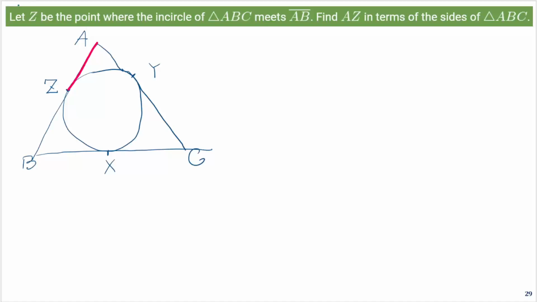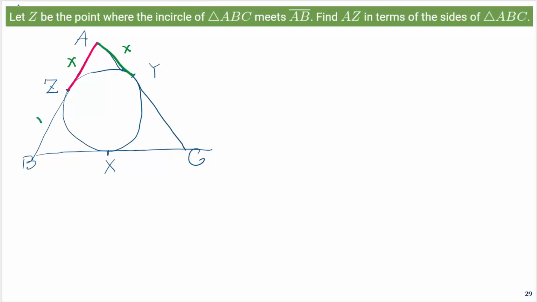Okay, let me lead you through this example. All right, so in order to facilitate our discussion, we could label the equal tangents from the vertices like this. So if we let AZ equal X, then AY must also equal X, right? Because AZ and AY are tangents of the circle.